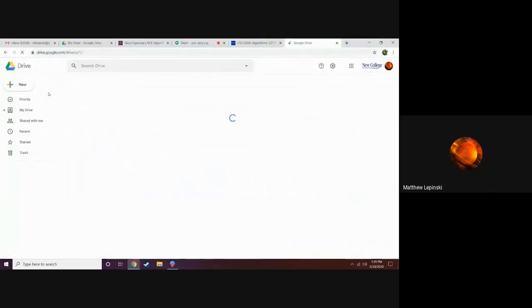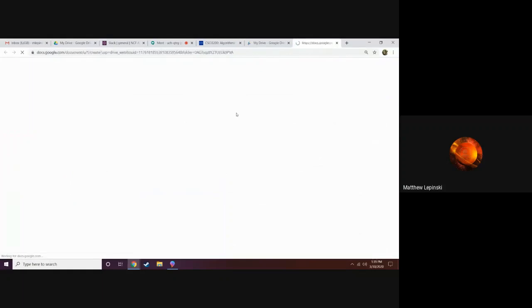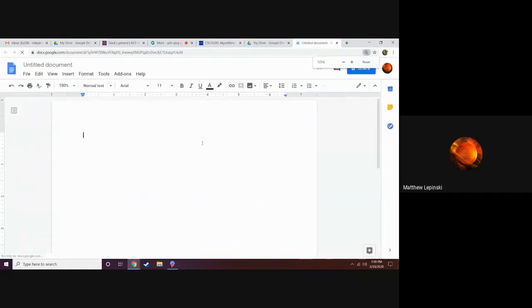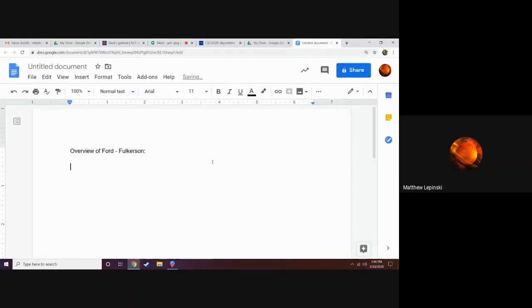Okay. Thank you. Excellent. So then I'm going to quickly pull up an overview of Ford-Fulkerson. I tried this for another class, and it worked reasonably well. Start with a directed graph and find a path.